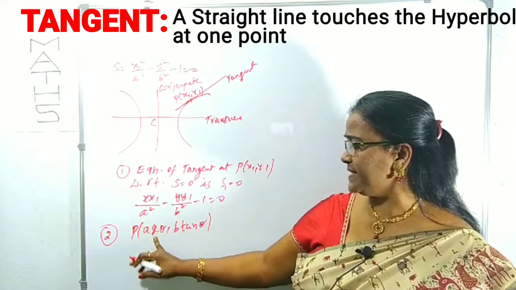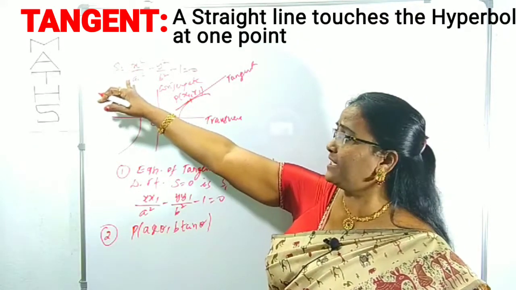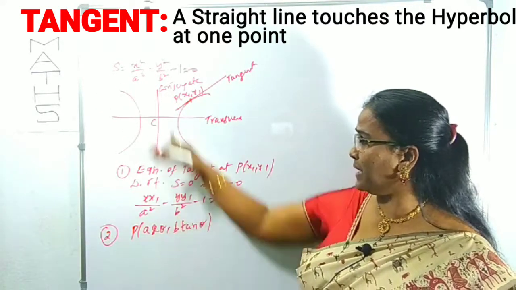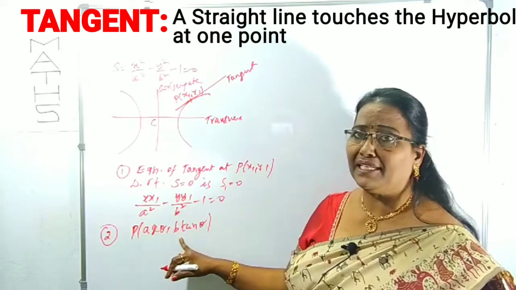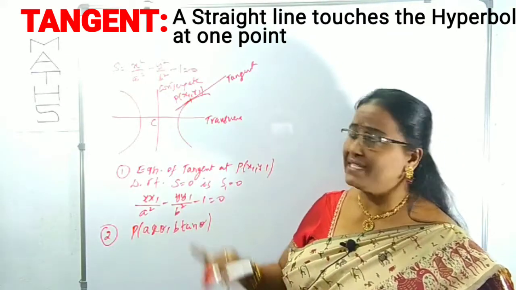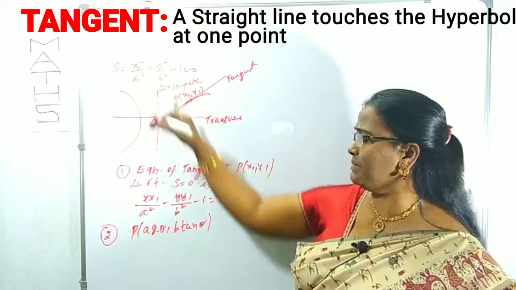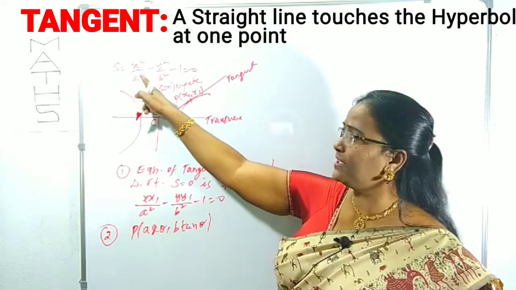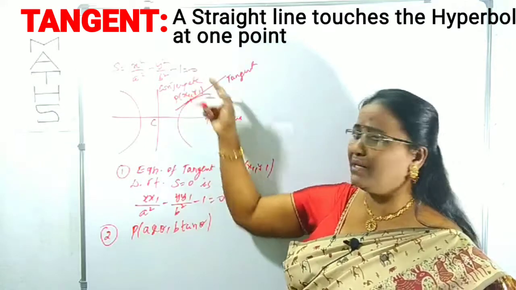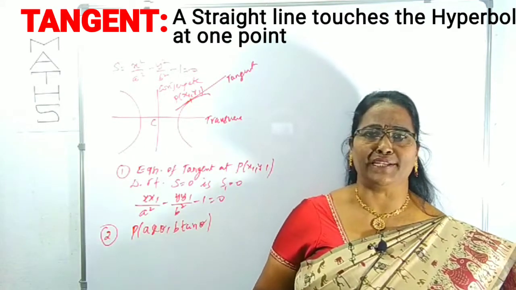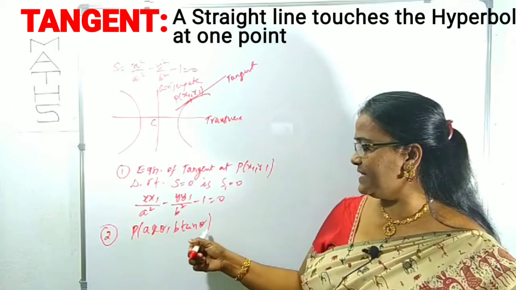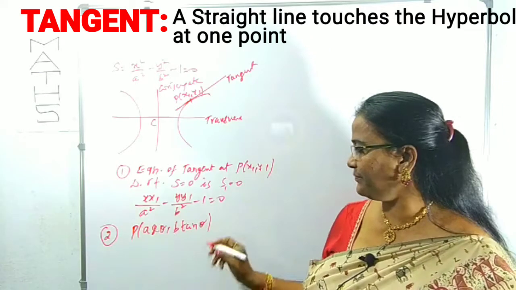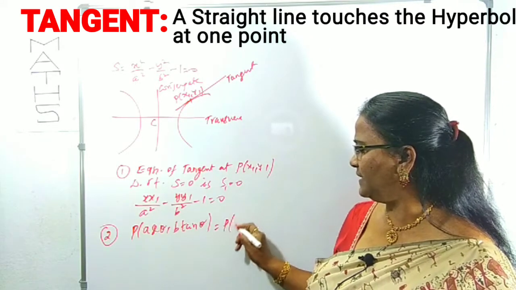Taking x equal to a sec theta, a square sec square theta by a square cancels, sec square is left over, minus, in place of y, b tan theta gives b square tan square by b square, which cancels. What happens? Sec square theta minus tan square theta is 1. 1 minus 1 is equal to 0. Such a point is called a parametric point, where theta is any parameter. For any angle it will be true. Generally it is denoted as theta.